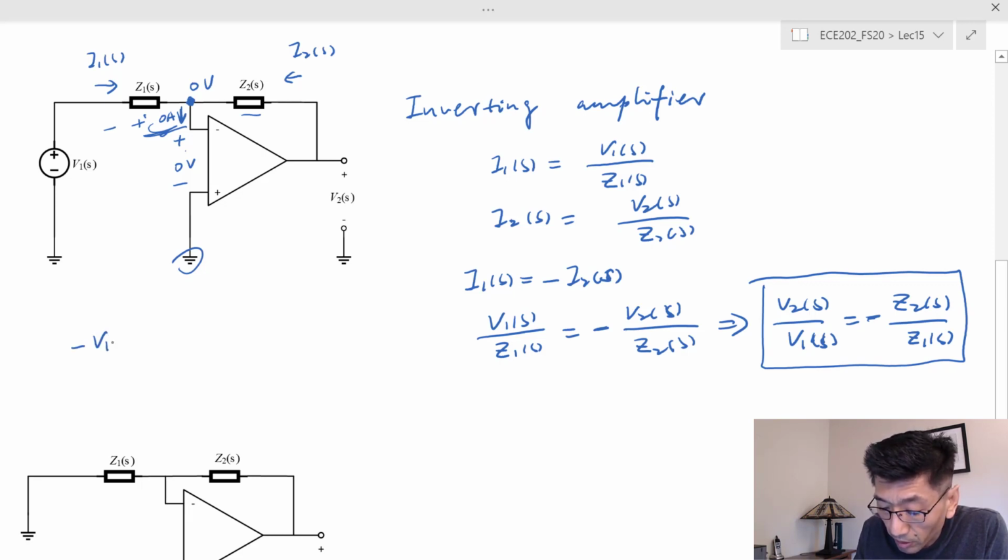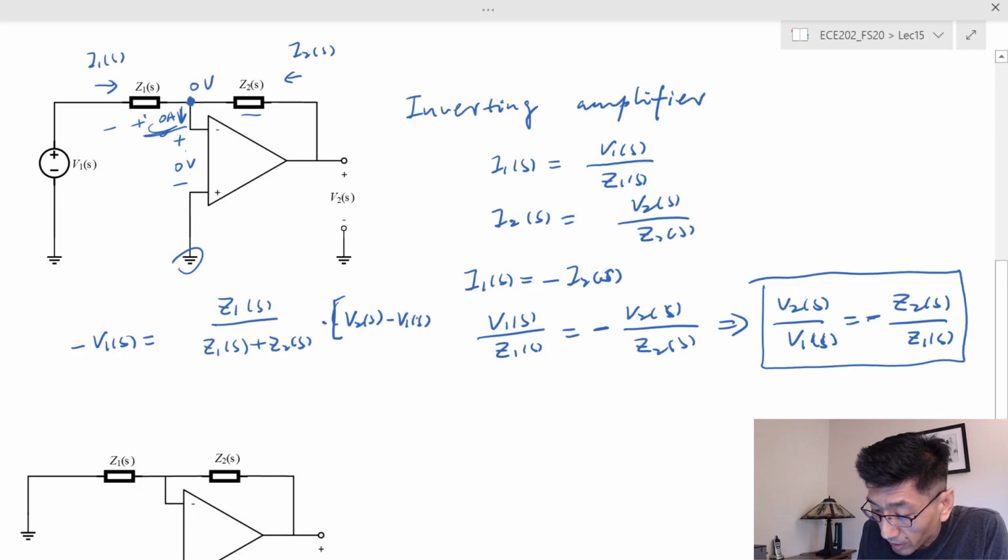So negative V1s is equal to the impedance Z sub 1s over Z sub 1s plus Z sub 2s times V2s minus V sub 1s, right?